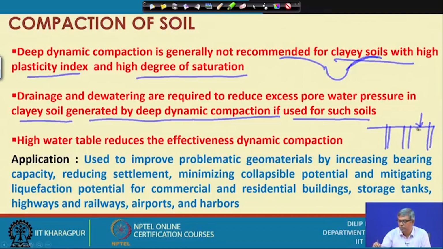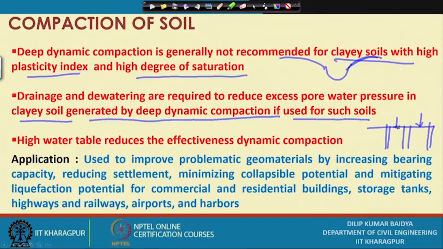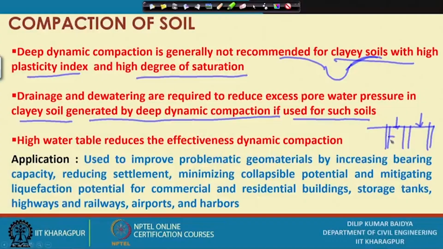When you apply the heavy load, excess pore pressure will develop, and unless this excess pore pressure is dissipated, volume reduction is not possible. Then the water will go through this drain, the pore pressure will be released, and because of this release, the subsidence will occur. That is the additional requirement.